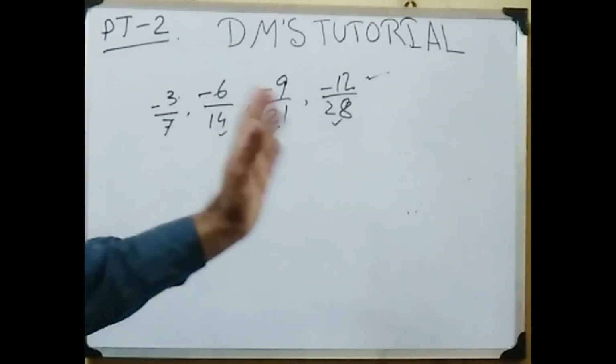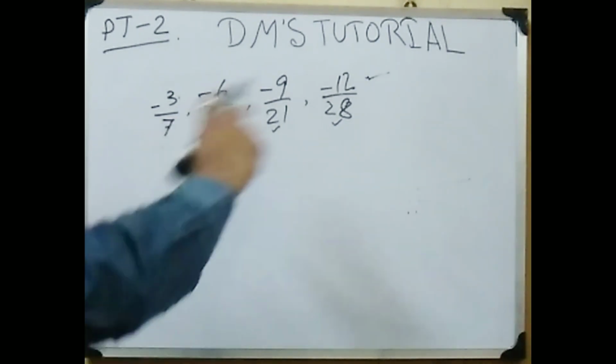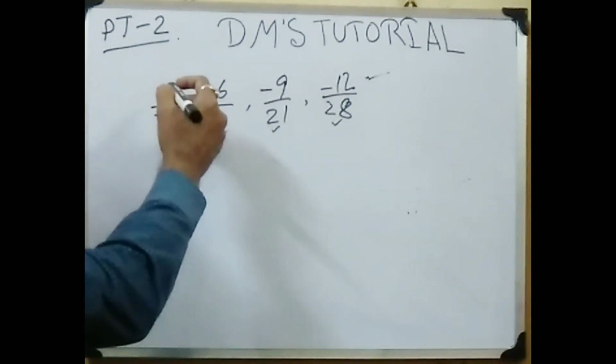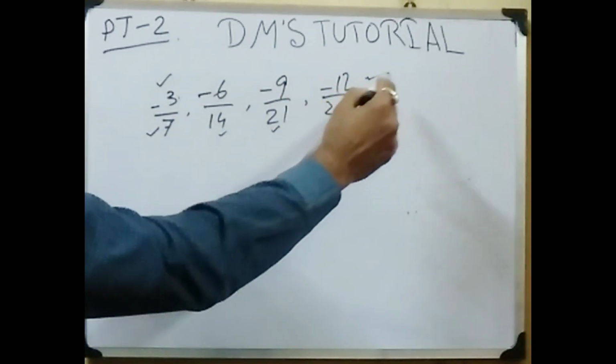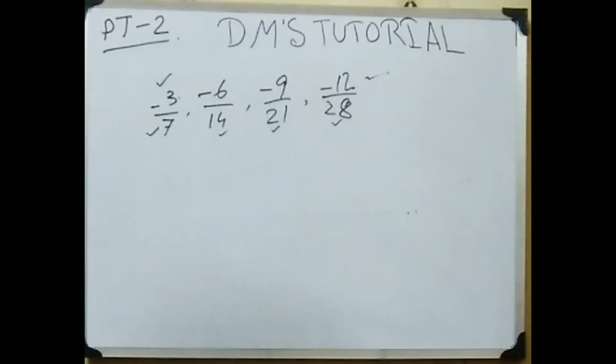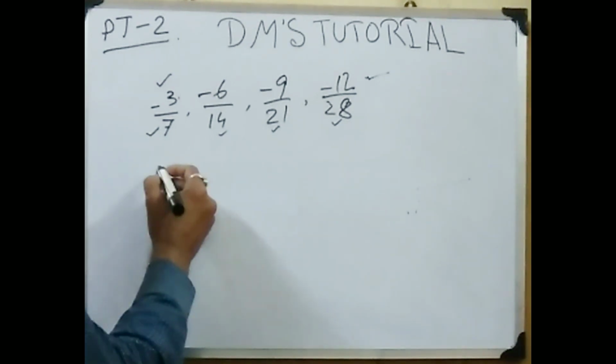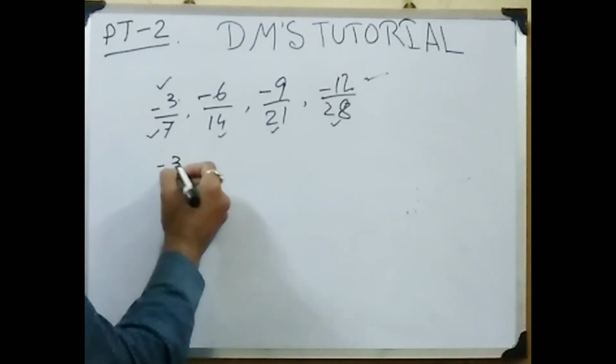So to find 4 more rational numbers in that series, we have to multiply the numerator and denominator by 5, 6, 7 and 8.